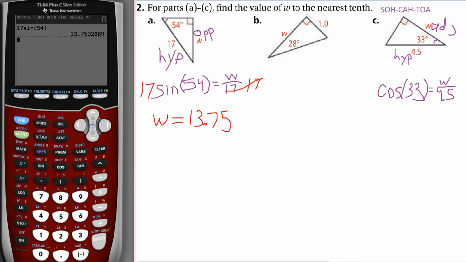Alright, so again, multiply by 4.5 on both sides. So W equals 4.5 times the cosine of 33.